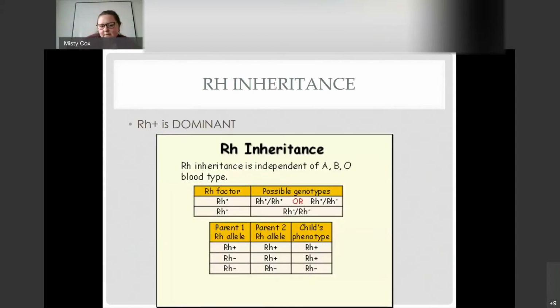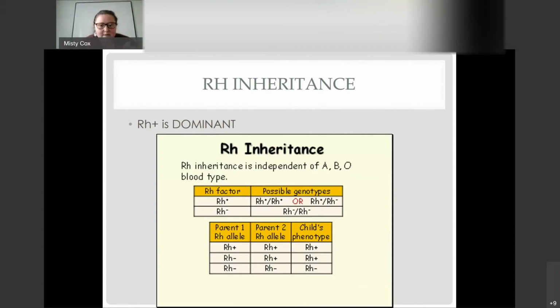So Rh positive blood is dominant. So if you get at least one copy from either parent, you will have positive blood. The only way to have negative blood is to have a negative from both parents. So if you look at the bottom table, it's possible for two parents that have positive blood types to have a negative blood type child.